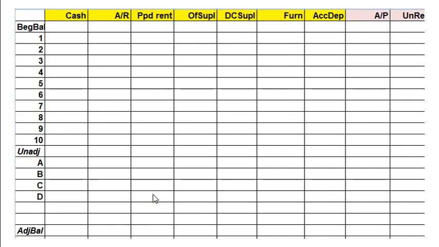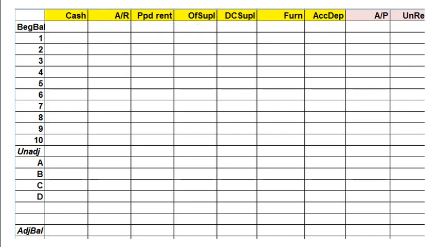The spreadsheet, of course, is set up so that we can do our transaction analysis in accounting equation format, a highly simplified version of accounting, but really one you could use for any company. So the accounts with the yellow background here, cash through accumulated depreciation, these are all of our asset accounts.